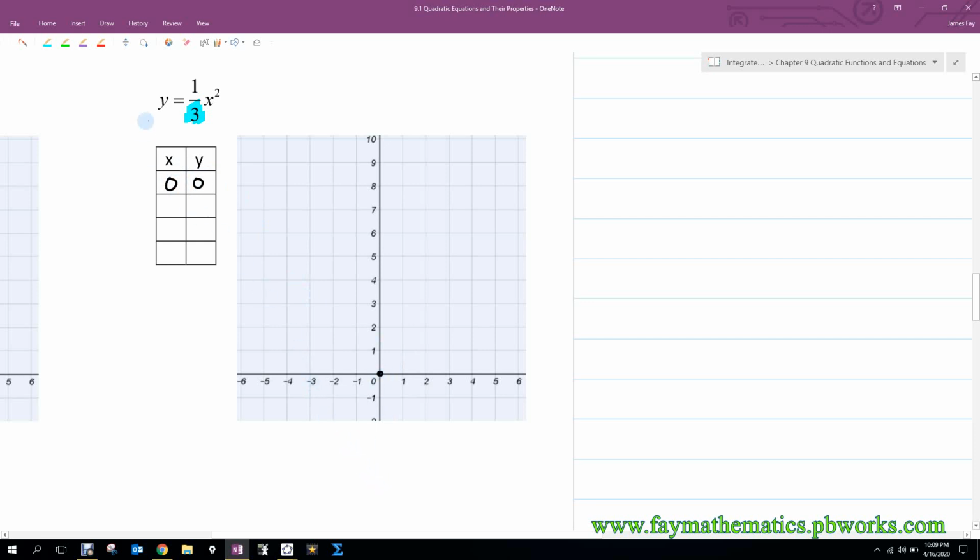Now I'm going to use multiples of the denominator, 3. If x is 3, I'd have 1/3 times 3 squared. Order of operations says you do that first. That gives me 9. So I have 1/3 times 9, and 1/3 of 9 is 3. So it gives me (3, 3).